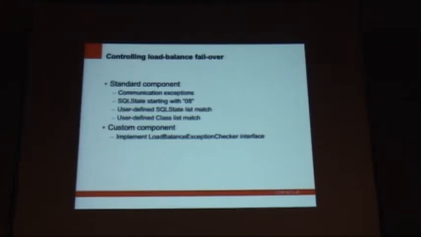If the class or interface that you've defined matches the SQL exception that we see, we can trigger that. There's also a new hook that allows you to extend that and write your own load balance exception checker, which is the name of the interface. So it would allow you to take a SQL exception, inspect it, determine whether or not you want it to trigger a failover to another host or not, and then return that whether or not it should.